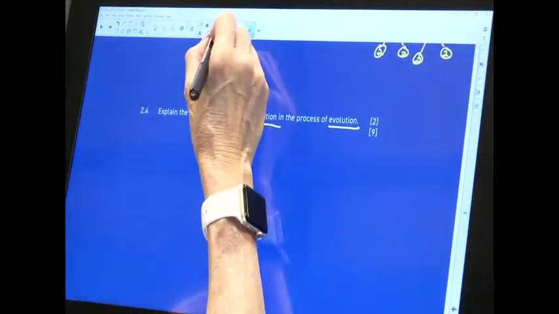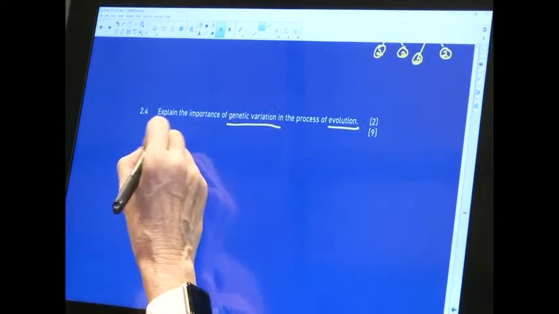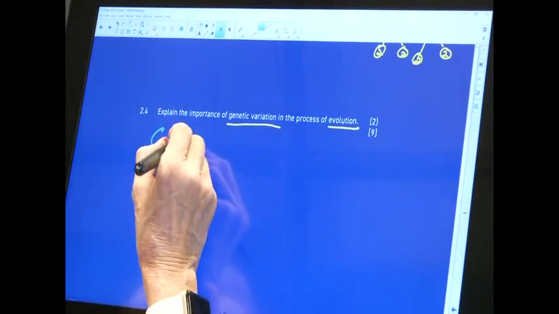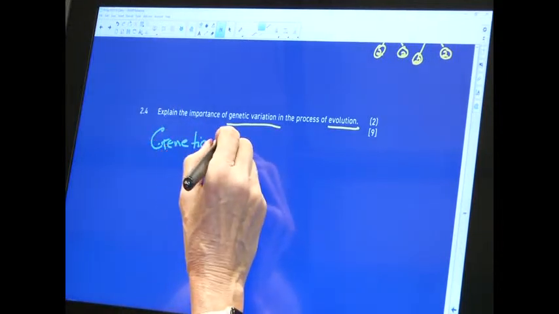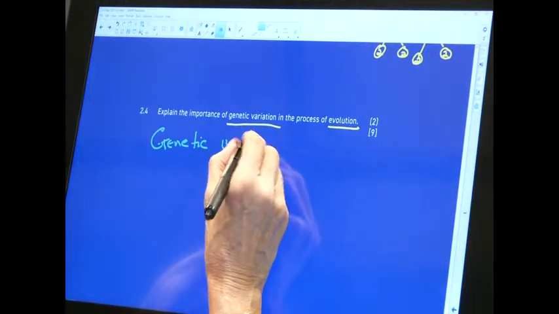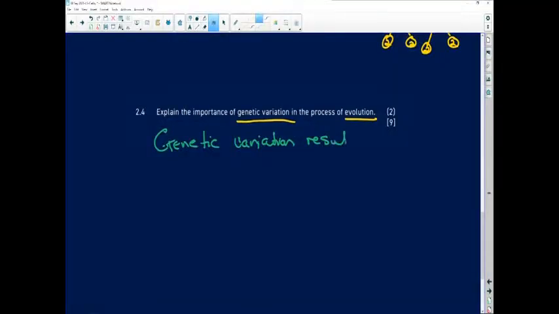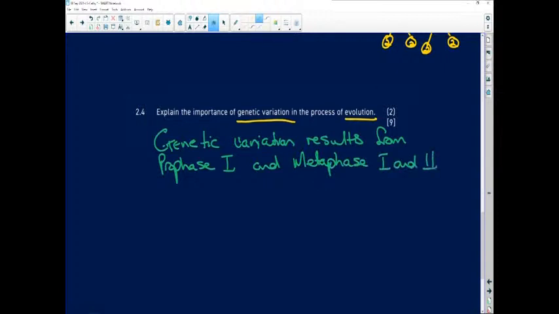Okay, so if we're going to talk about genetic variation, remember, my pen's doing funny things, variation results from prophase 1 and metaphase 1 and 2. Okay?